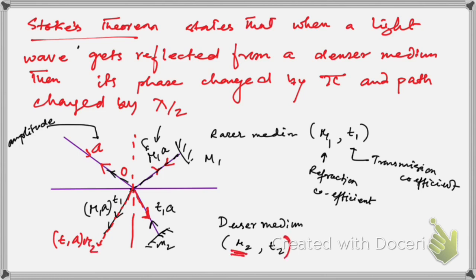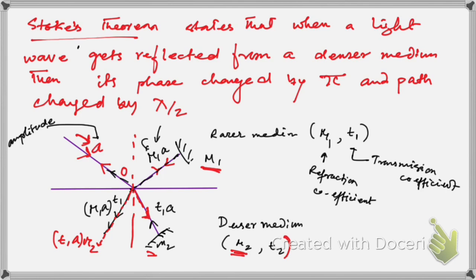So here we have to multiply R2. So hope these things are clear to you. Now here you see the amplitude of this incident ray will be equal to the sum of the amplitudes of those rays which are reflected from these two mirrors.